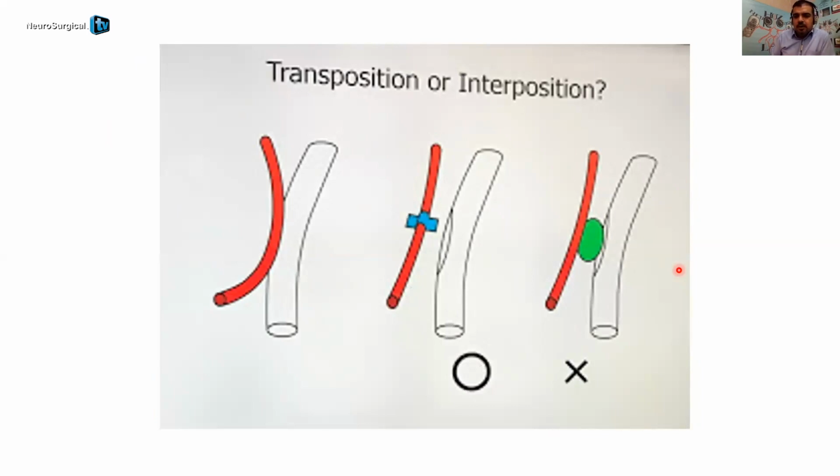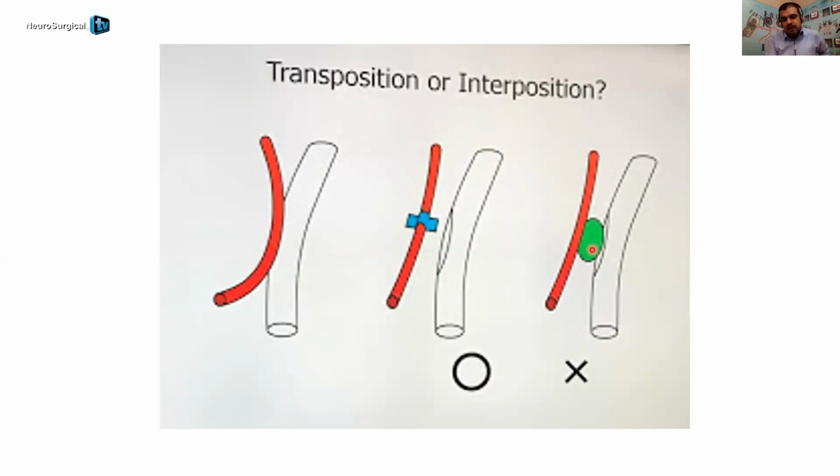If anyone knows about trigeminal neuralgia, the main cause is vascular compression, and for vascular compression, we usually do microvascular decompression using this method, which we call interposition. But during my Japanese fellowship in South Tokyo Hospital, they used this one, which is very interesting: transposition instead of interposition.